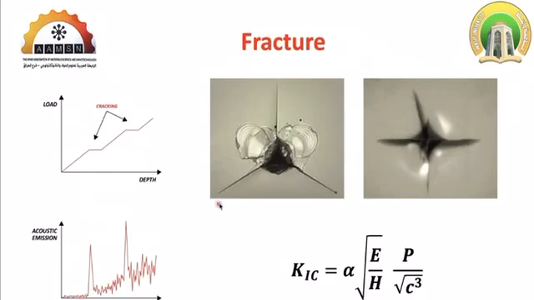And here, the sudden acoustic emission is the fracture occurrence. So we can define the load that causes the fracture of the material. Also, there are many mathematical equations that use this information to determine KIC for these materials.